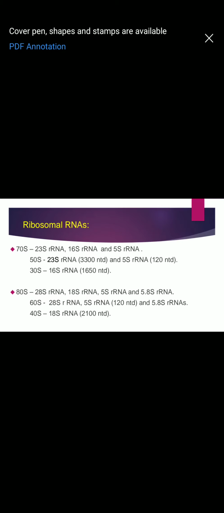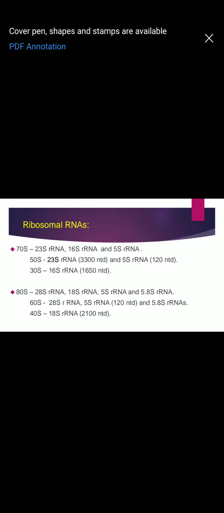The larger subunit is composed of 23S ribosomal RNA plus 5S ribosomal RNA, and the smaller subunit of the 70S ribosome is composed of 16S ribosomal RNA.